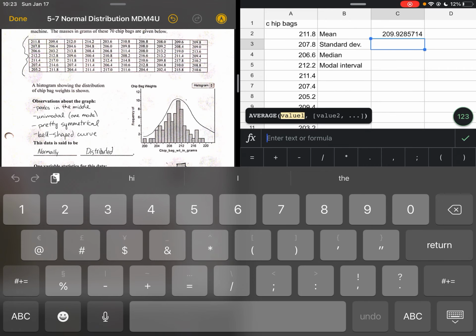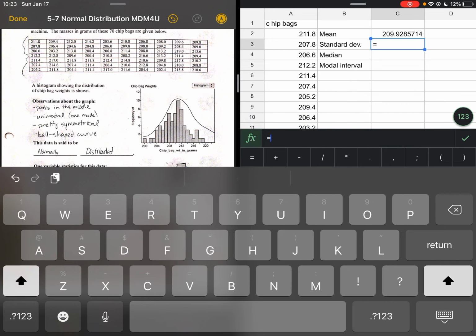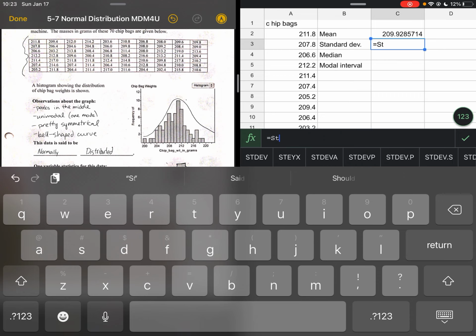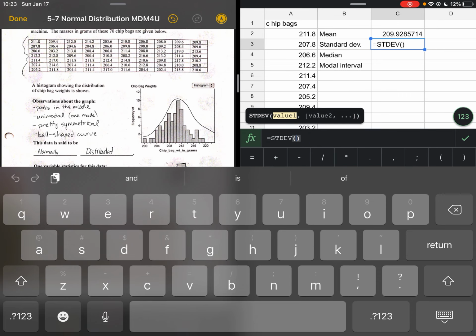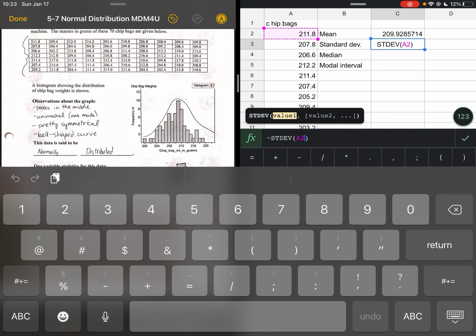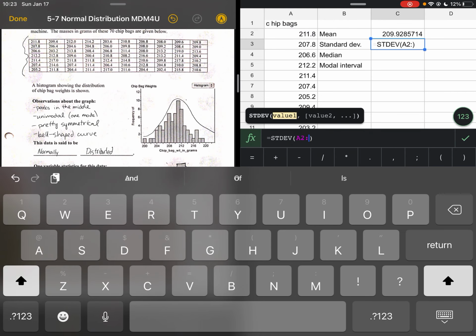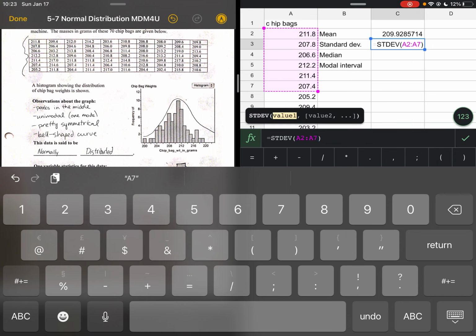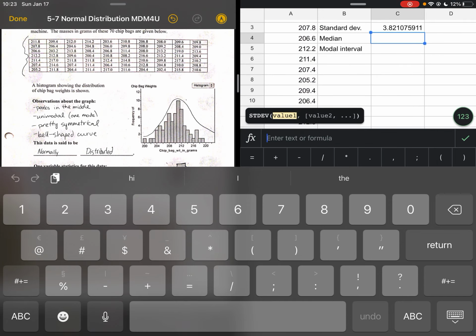I'm going to go through and calculate the other ones before I go on. So now I've got the standard deviation. So S, T, D, E, V. And I'm going to use the same range, A2 to A71, which is my range there. Just doesn't quite show up on the screen.